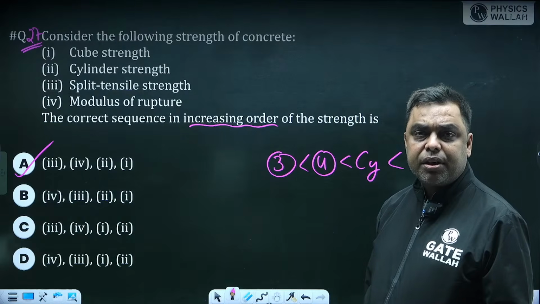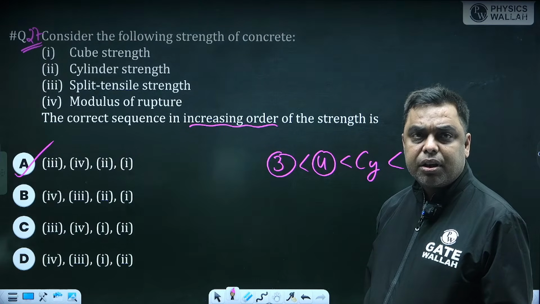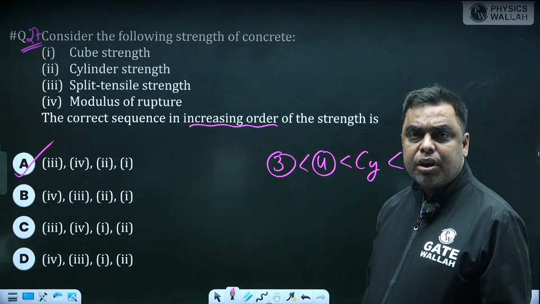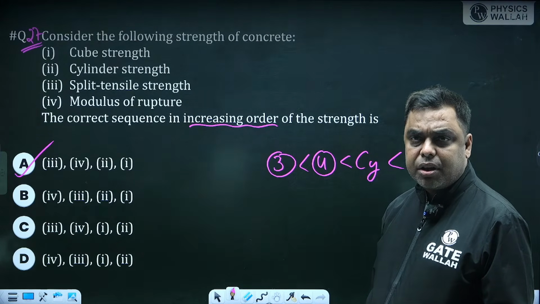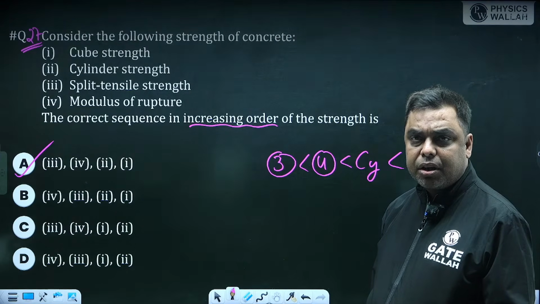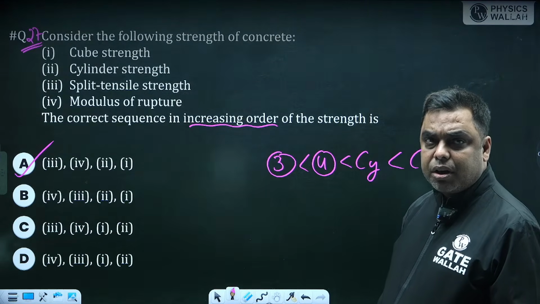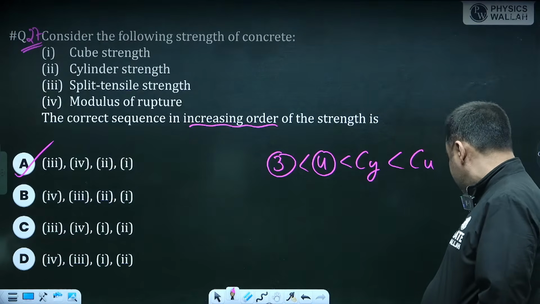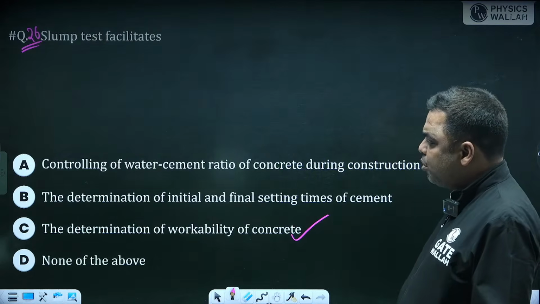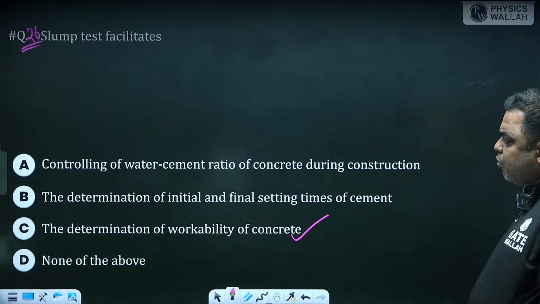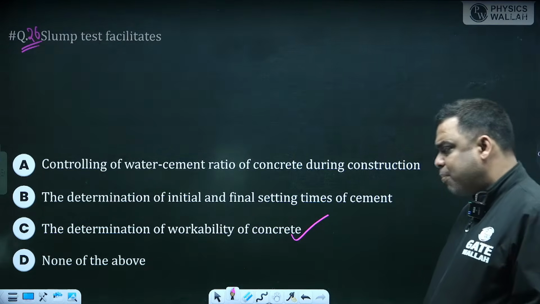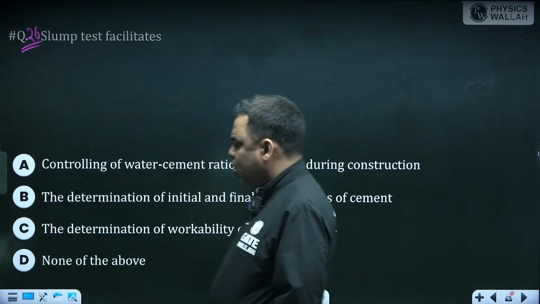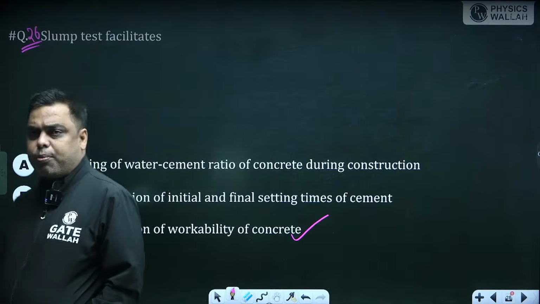In this you are talking about controlling the water cement ratio of concrete during construction. No. With slump test we don't control water cement ratio.